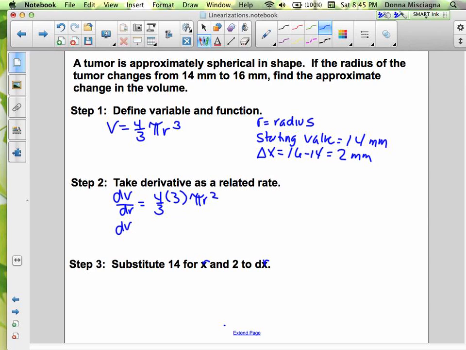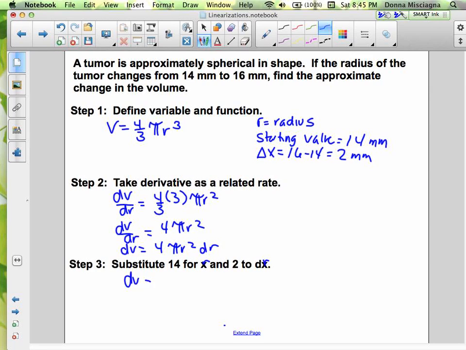So dV/dr equals 4 pi r squared. And now for this to be a differential, dV equals 4 pi r squared dr. Now we can find how much the size of this tumor will change if the radius increases by 2 millimeters. This is something we should be worried about.